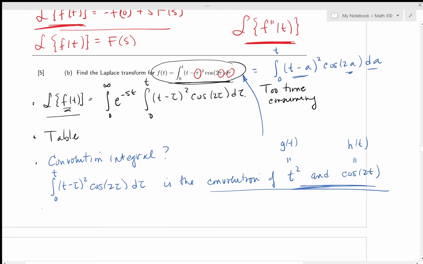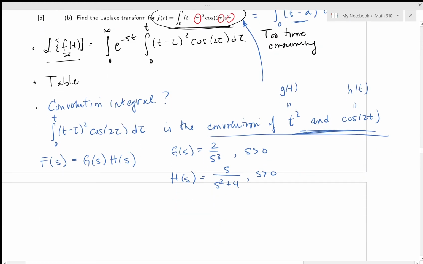That means the Laplace transform of f is the product of the Laplace transforms G of s and H of s. Now the problem is pretty trivial, because I can use the table to look up G of s as 2 over s cubed with s greater than 0, and H of s, the Laplace transform of cosine 2t, is s over s squared plus 4, also with s greater than 0.